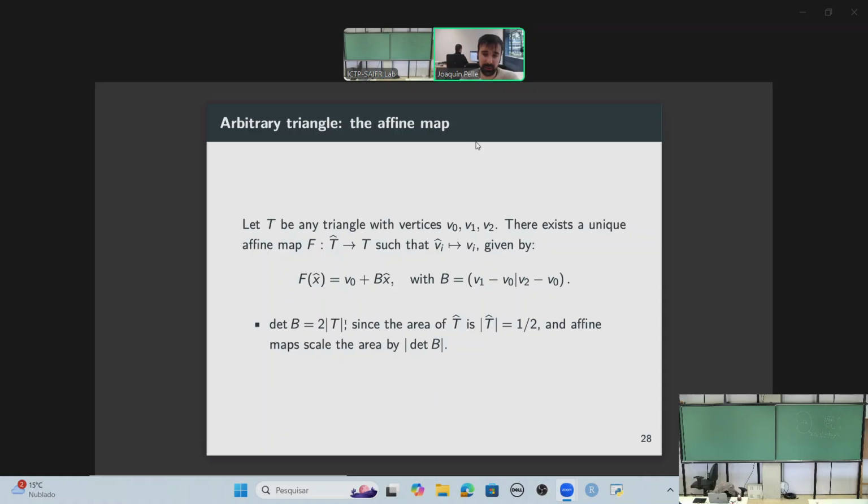And the way that the area is transformed by an affine map is by this factor here, the determinant of B. So necessarily for these two facts to match, the determinant of B must be equal to 2 times the area of the physical triangle.